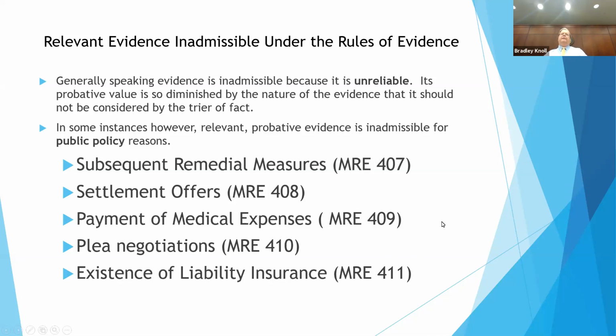If a guy got his arm crushed in a machine at work and the owner of the business put in some new safety feature so the next guy wouldn't get his arm crushed, the fact that he did that could not be admitted into evidence to prove that they were negligent in the first place for not having the safety device installed. Public policy behind that is obviously that you would rather have one crushed arm rather than two crushed arms.